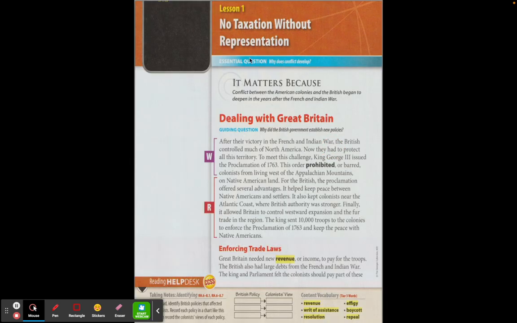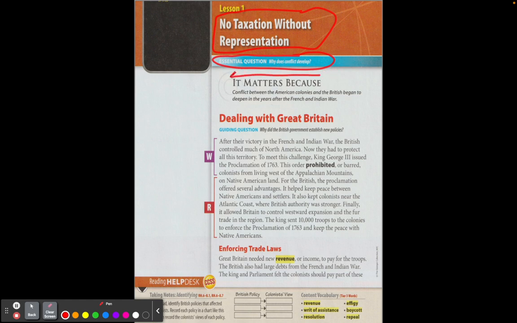Okay, here is our first page of text, and of course, there is your title, No Taxation Without Representation. And our essential question here for this reading is, why does conflict develop? And it matters because conflict between the American colonies and the British began to deepen in the years after the French and Indian War.